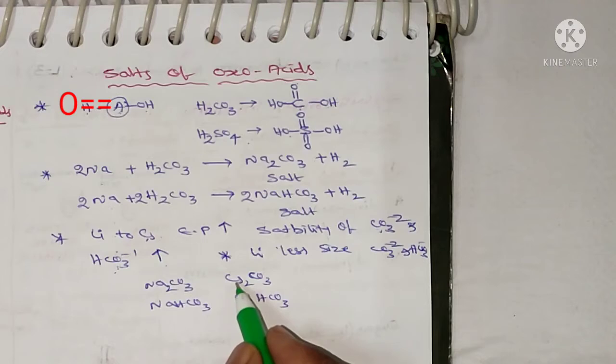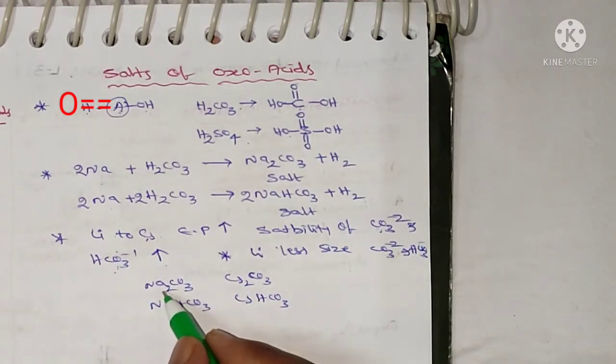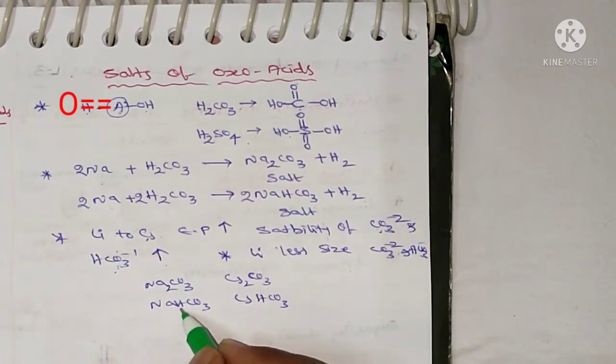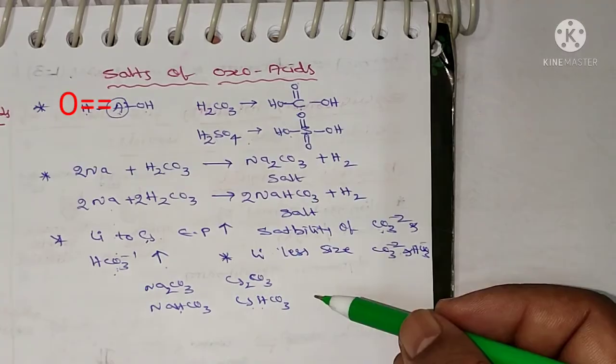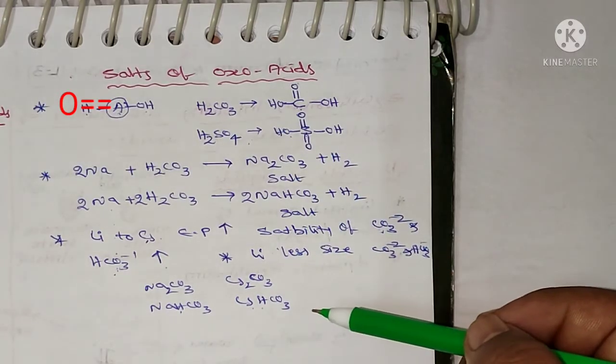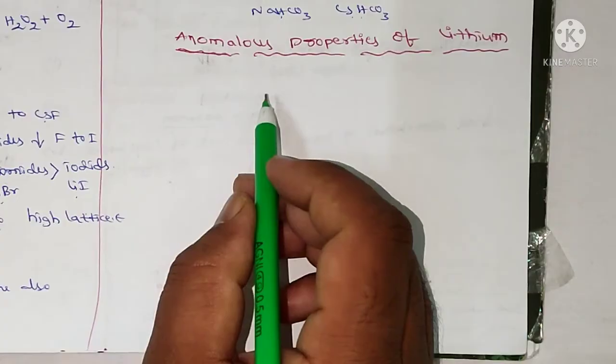So the cesium electropositive character is more than sodium. So the stability of sodium carbonate and sodium bicarbonate is less than cesium carbonate and cesium bicarbonate. So this is about salts of oxo acids.